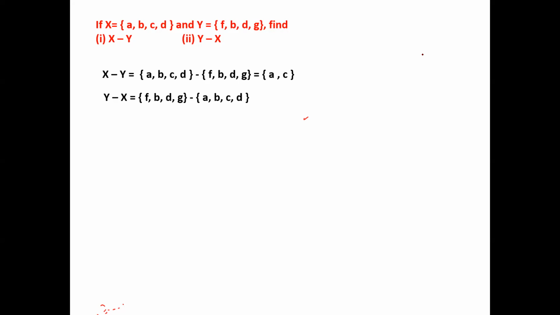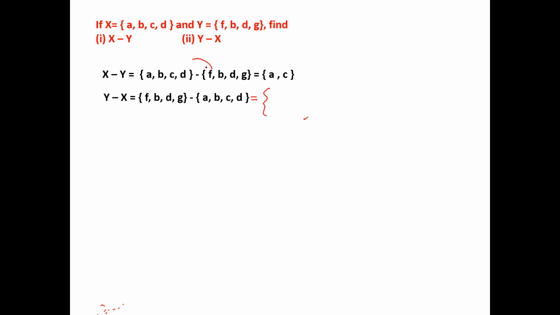In questions like this, X minus Y and Y minus X, is it necessary that it will always be the same answer? Definitely not, it will not be. It just need not be. Unless the same sets are there, it will not be. Because in X minus Y, from X we remove Y. For example, what are the elements of Y present in X?